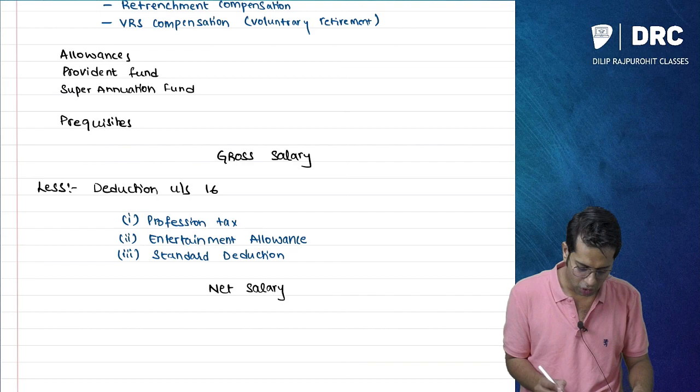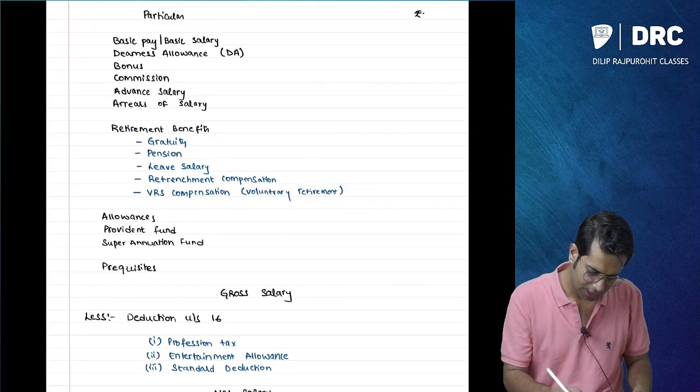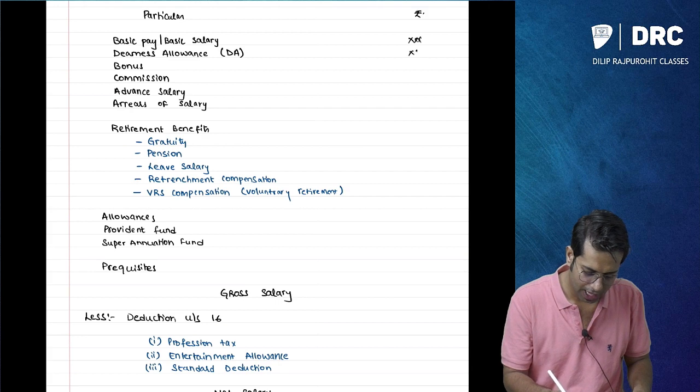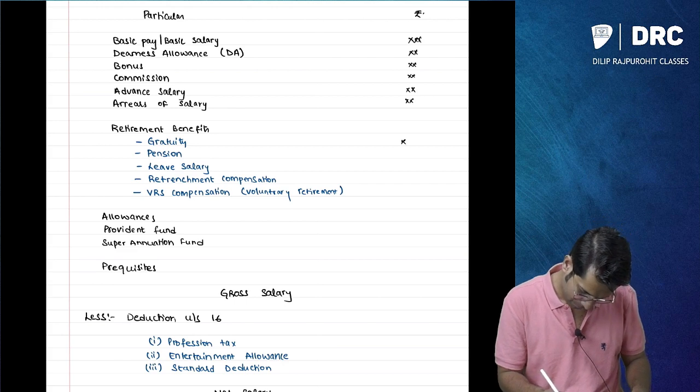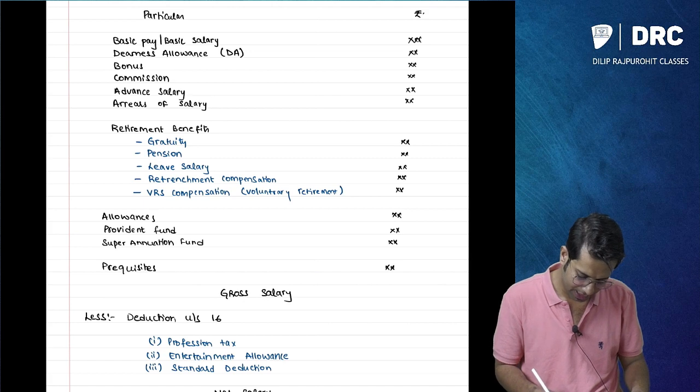So this is your net salary. You add all these amounts, you will get your net salary, or your income under the head salary.